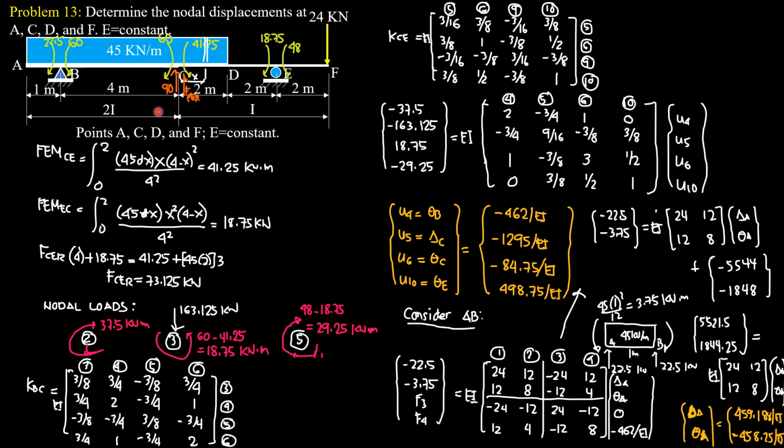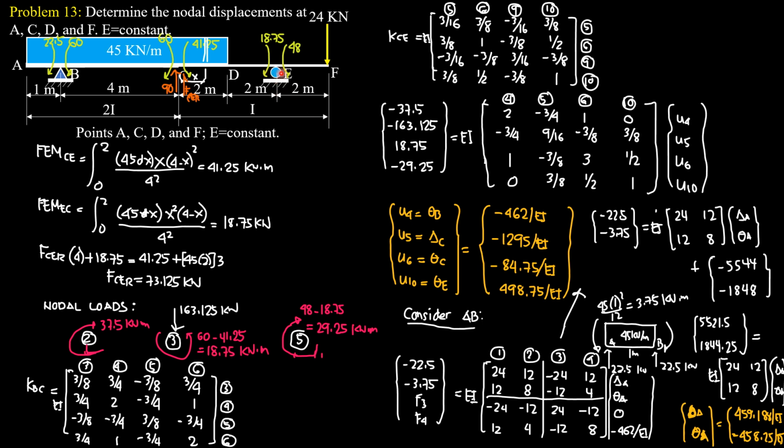For the moment, 60 minus 41.25, that's positive, so it is clockwise, the net fixed force, but the nodal load should be opposite to that sense. So 60 minus 41.25 is 18.75. The net fixed moment at C is clockwise, so therefore the nodal load is counterclockwise, 18.75 kilonewton meters.